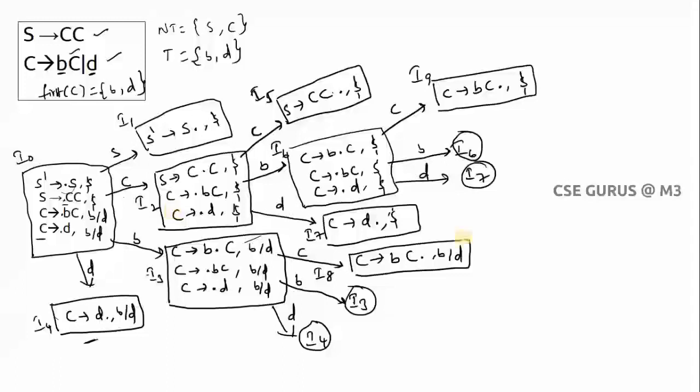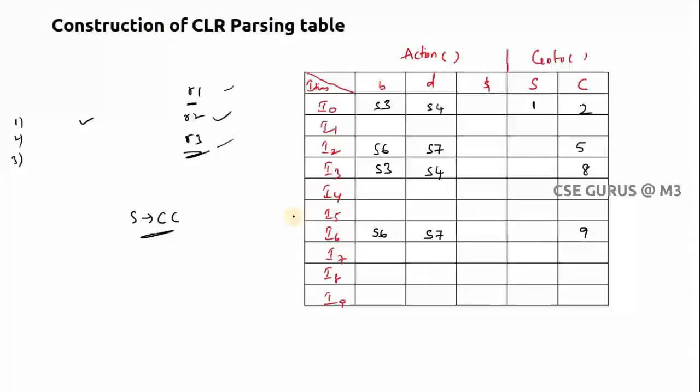Where is it? Is it in one place or more than one place? Here it is dot CC, here it is C dot C, here it is CC dot. So now check what that item is. I5. So I need to write R1 in the I5 row. But where do I need to write it? Here, here, here, or where?